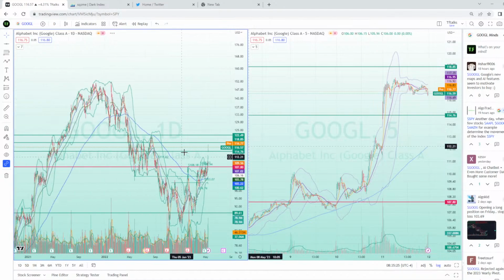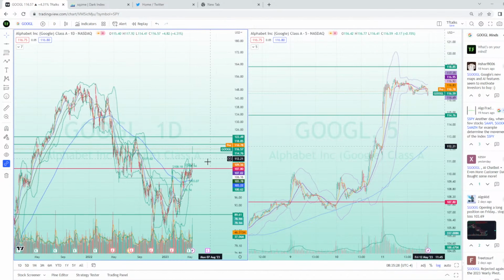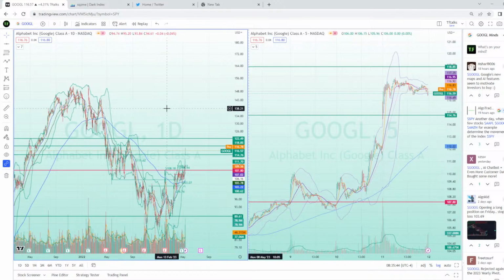My goal for this year: I believe Google will be the next Nvidia. This one could probably go to about 140, the previous high. For the first half year, we had Microsoft and Nvidia, and those two stocks were pretty good.